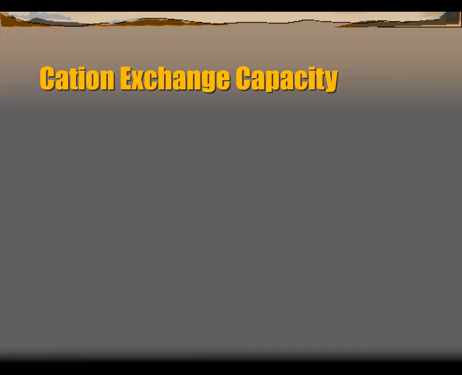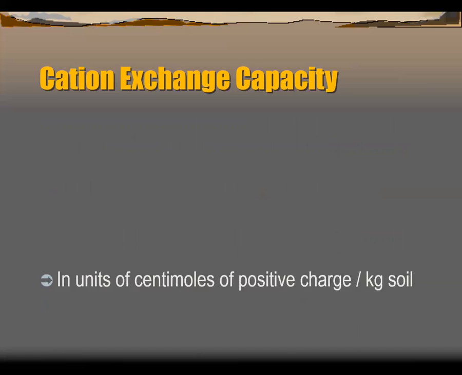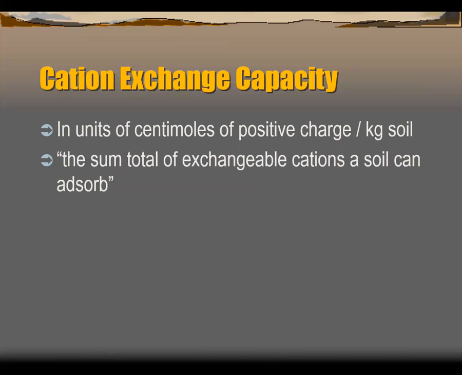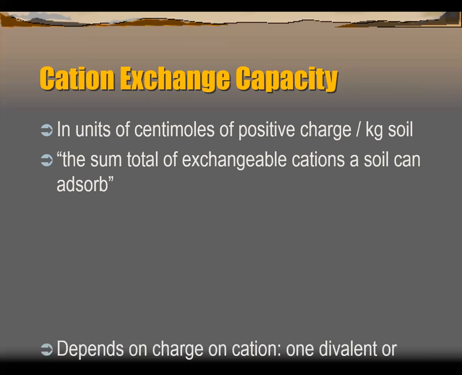So cation exchange capacity is measured in units of centimoles. Remember from chemistry, a mole is a measure of concentration. So it's measuring the concentration of positive charge per kilogram of soil. So essentially this is the sum total of exchangeable cations that a soil can absorb.